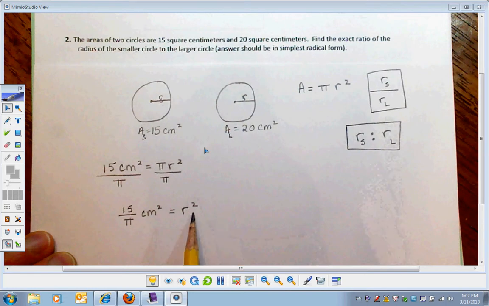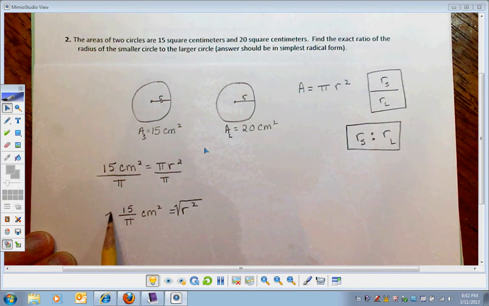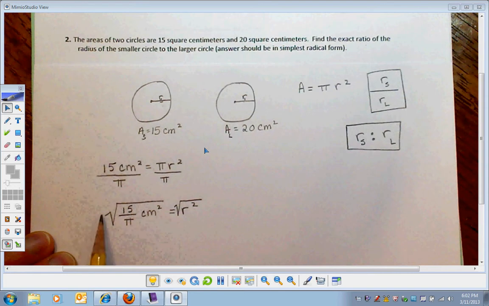So to undo my radius squared, I have to take the square root of both sides. I am not going to put plus or minus here because distance is always positive.